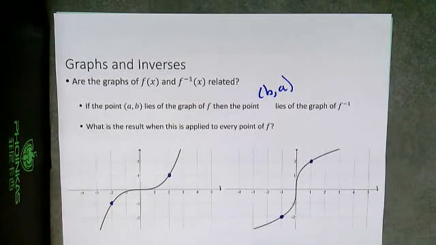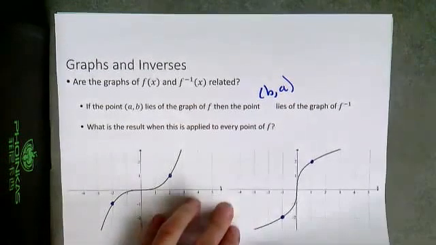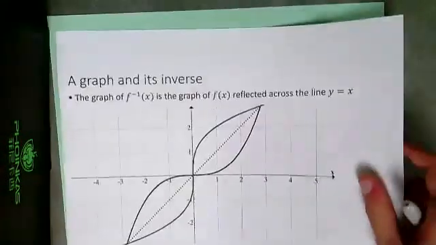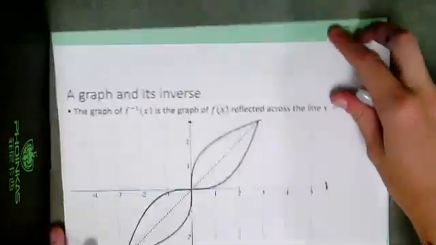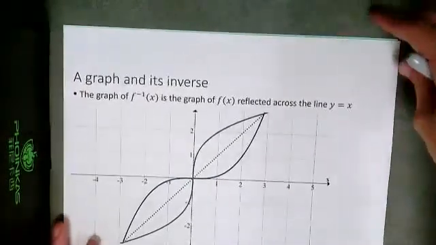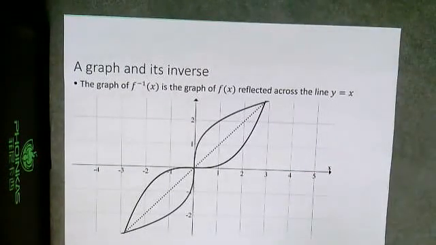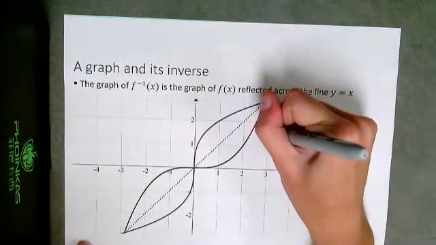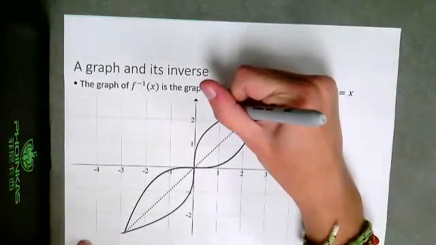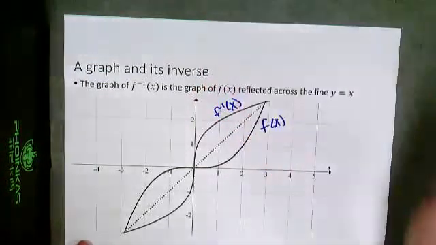We do this all along, so this function turns into this function. There's a nice little thing that happens when we do this. We see that a graph and its inverse are not the same graph, but they're reflected across the y equals x line. So from the other example, this was f of x, and this was f inverse of x.